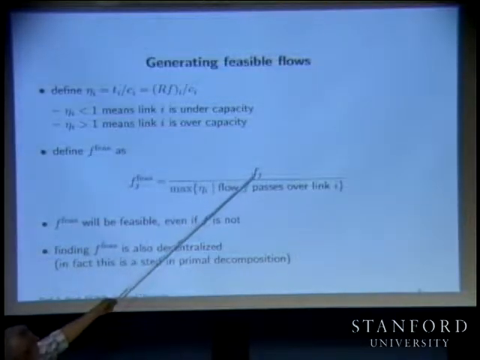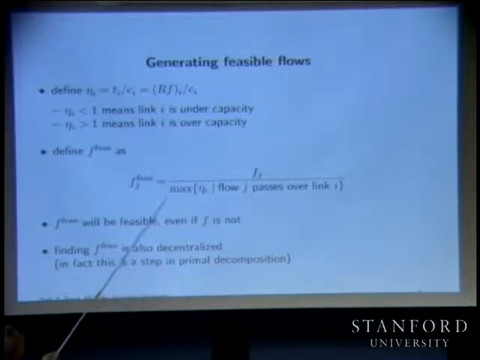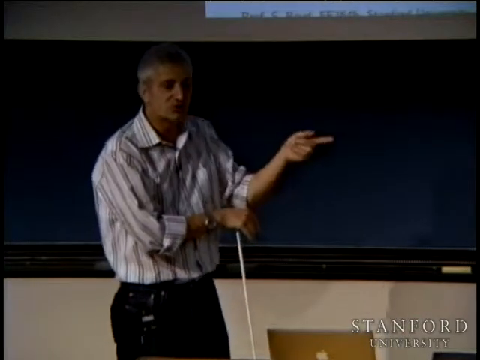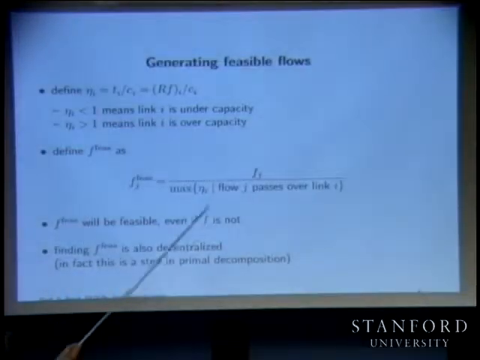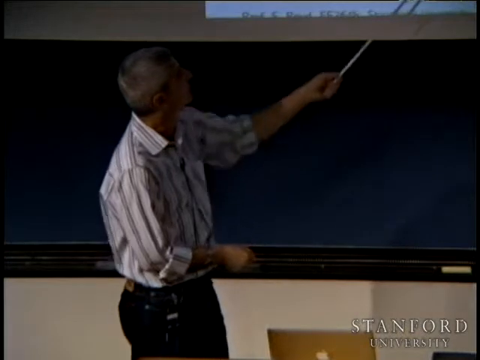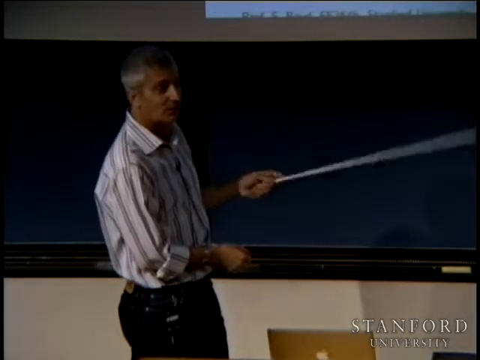You take the flow, and you divide it. You do a proportional back off. You go over all of your links here. This is the overload factor on your link. You find the worst overload factor on your flow. By the way, if that's 0.8, that's great news, because it's telling you to crank your flow up by 1 over 0.8.